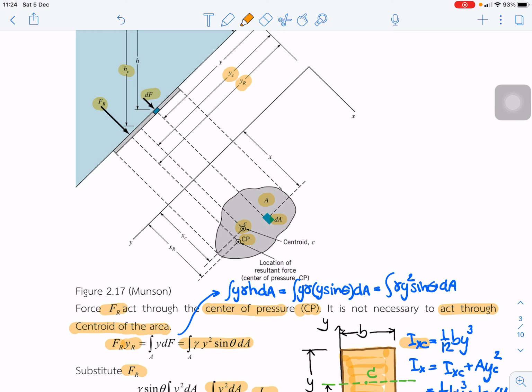So we can show the gap, the length between yr and yc. This length is equal to Ixc divided by yc A, which is greater than zero, so it means yr is not the same point as yc; yr is larger than yc.